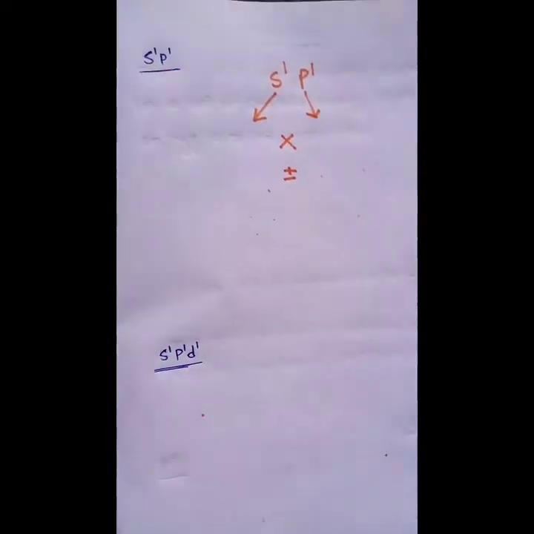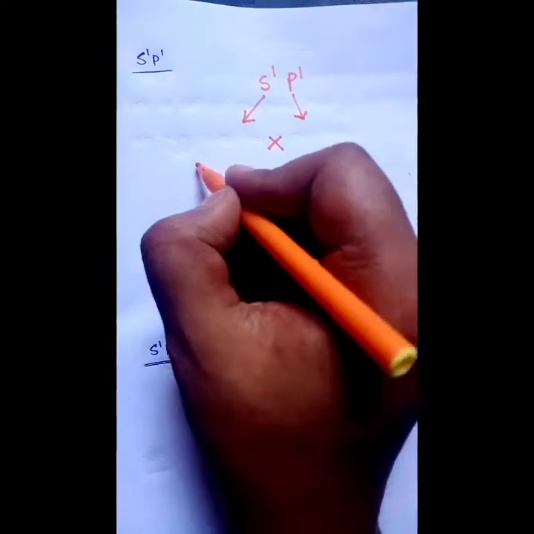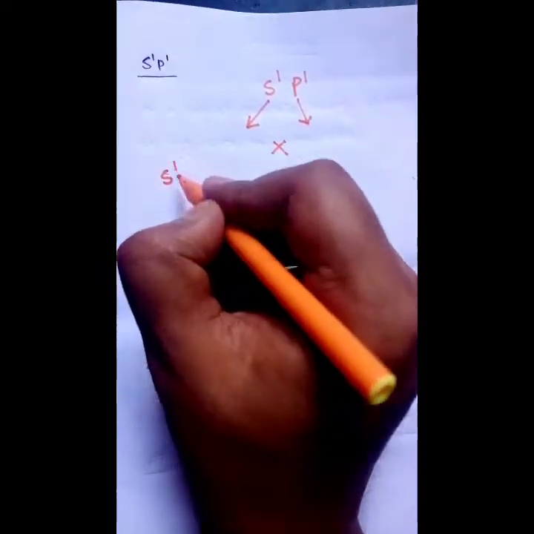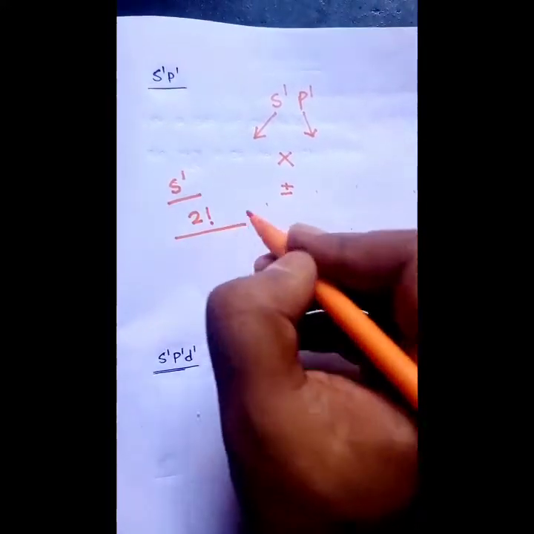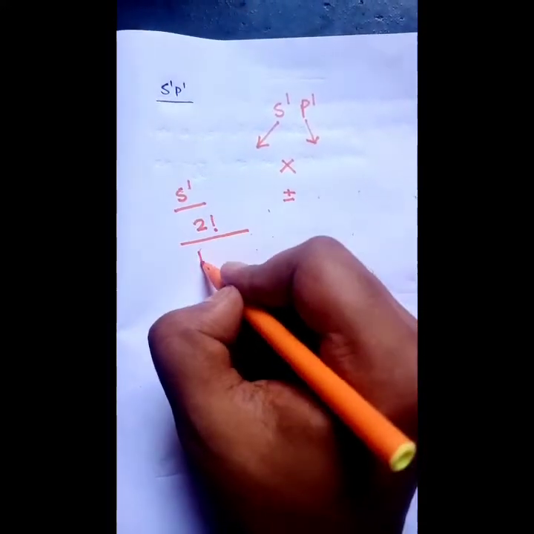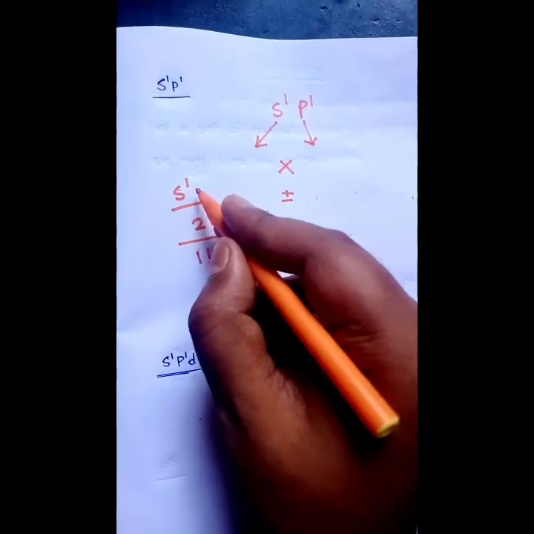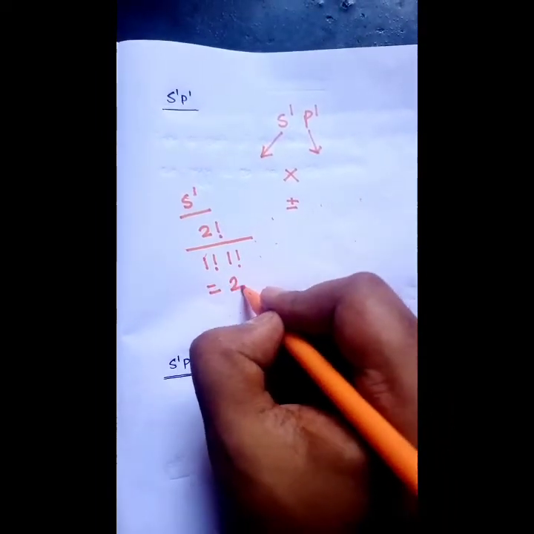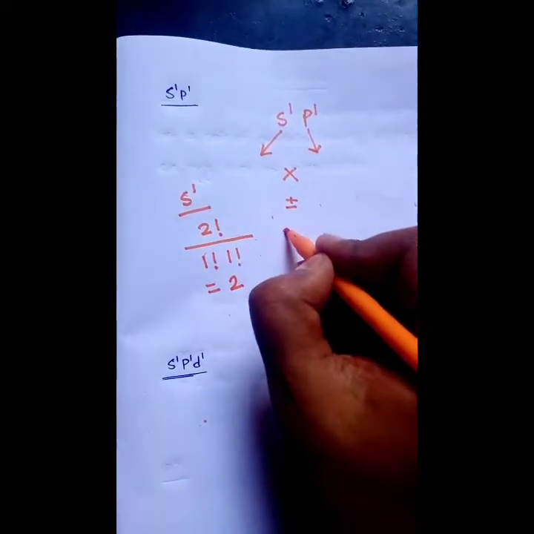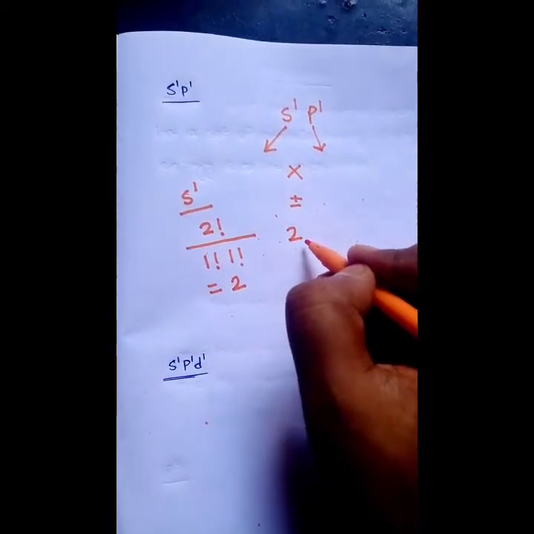Okay. So for s1, if I write the formula, n will be 2. So 2 factorial by r equal to 1, so 1 factorial, and 2 minus 1 means 1 factorial. So for the s1 configuration, we get the number of microstates, that is 2.